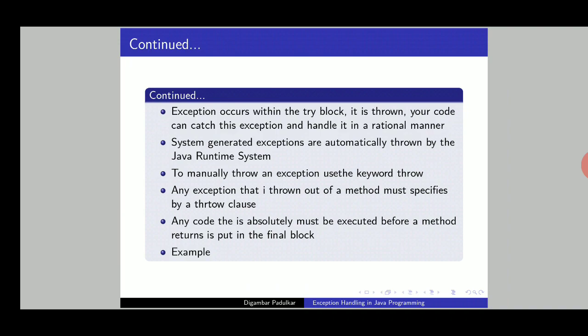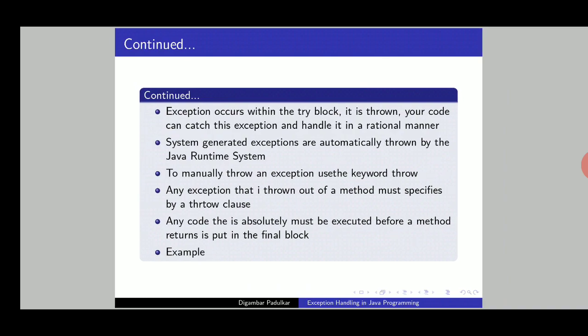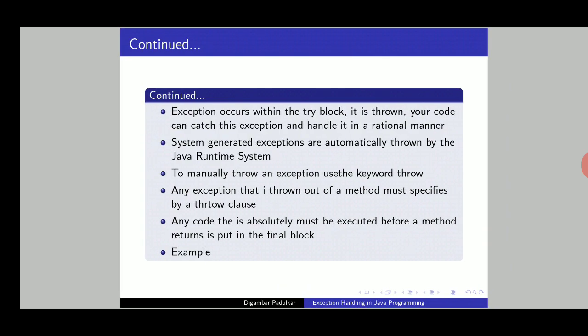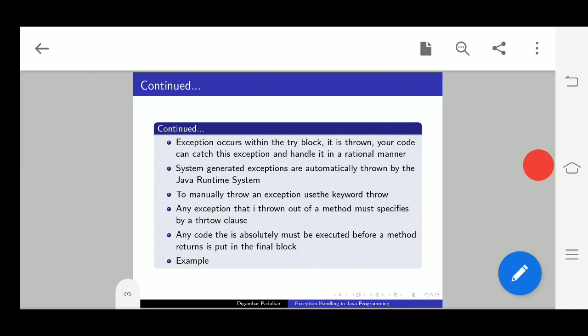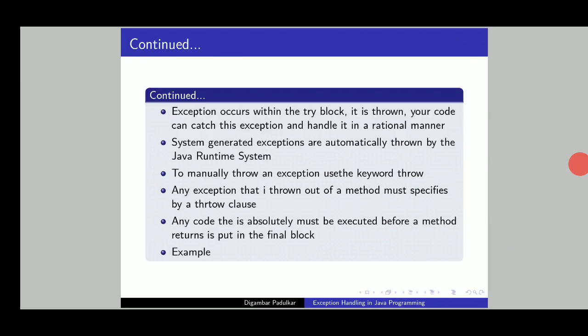System generated exceptions are automatically thrown by the Java runtime system. The use of try and catch blocks is to handle the system generated exceptions, the exceptions raised by the Java runtime system. As I told earlier, there are some exceptions that can be thrown explicitly by your code, that is, manually, which uses the keyword throw.